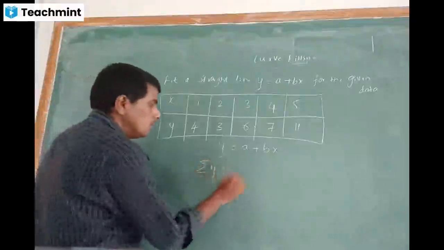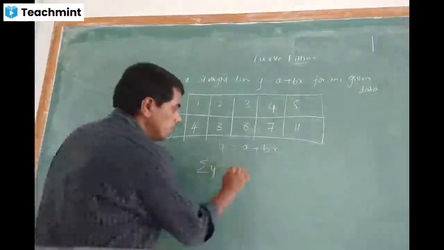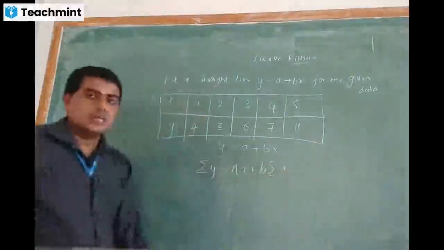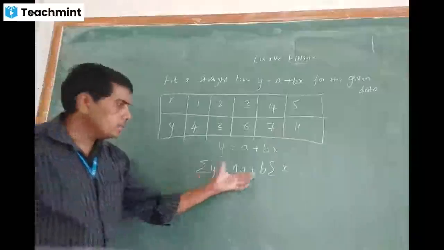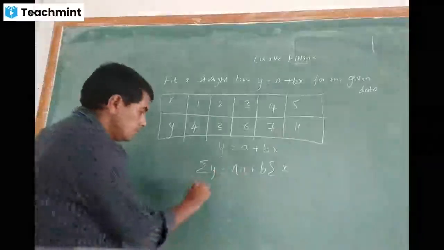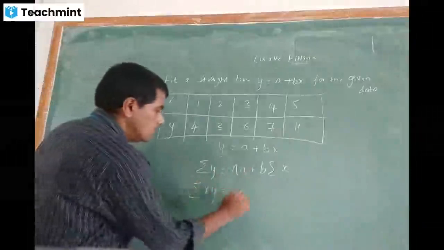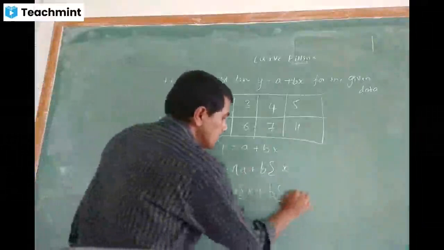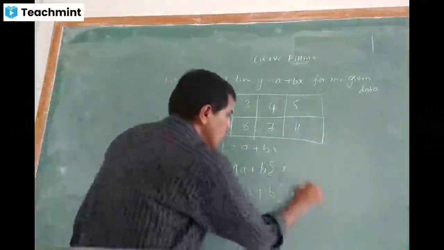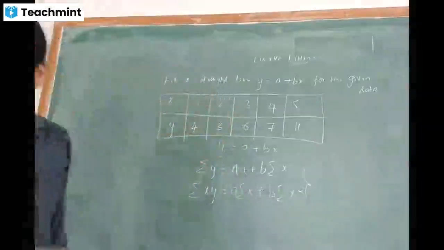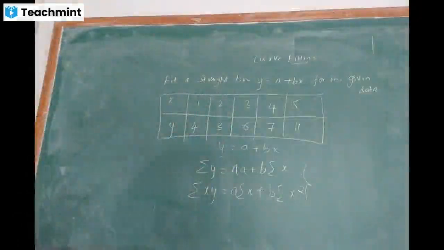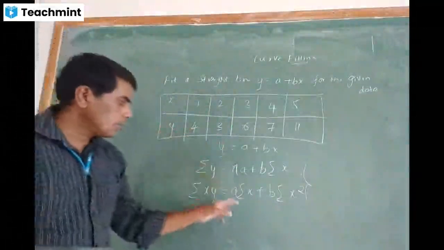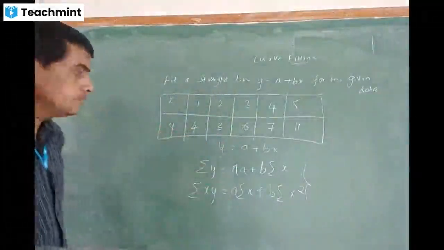Summation y is equal to n into a plus b into summation x. Then multiplying by x, summation xy is equal to a into summation x plus b into summation x square. These two are the normal equations for the given curve. With respect to the normal equations, tabulate all of them.